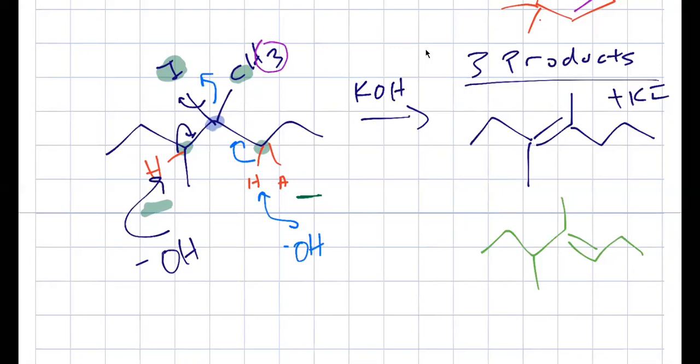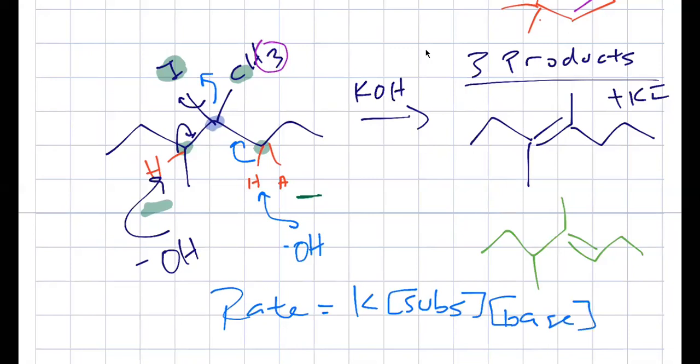So the rate law, when you write the rate law, is k times the substrate, and then times the base concentration. So the rate law is almost the same as the SN2, except that instead of your nucleophile concentration, it's the base. But it's a two-term rate law.